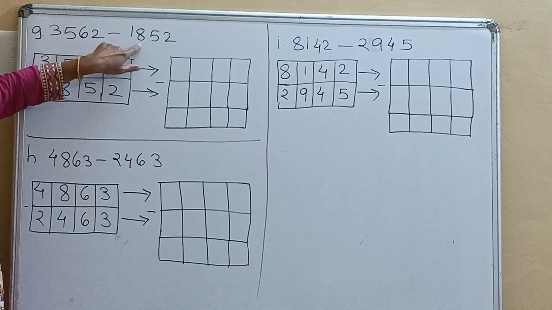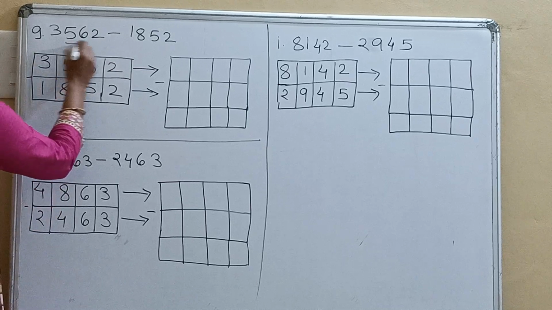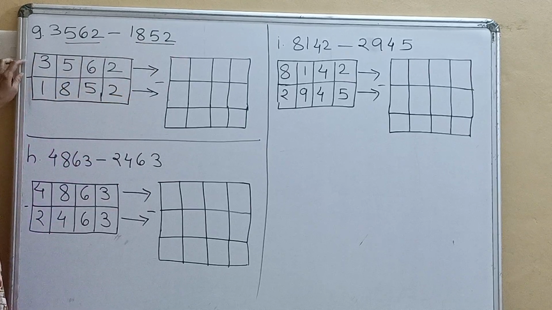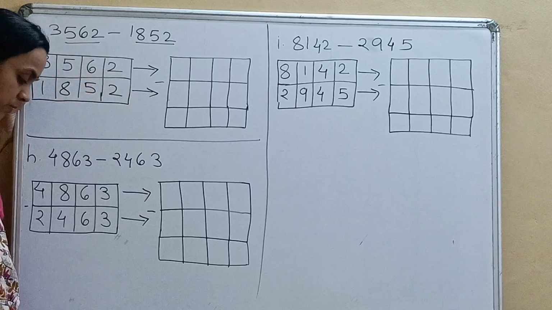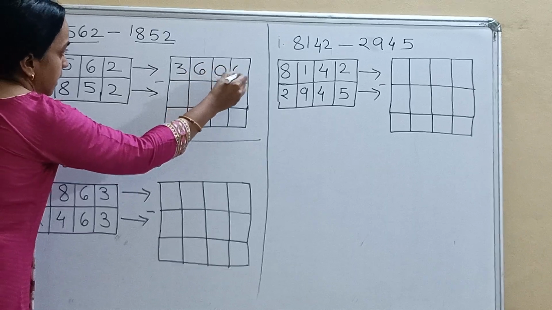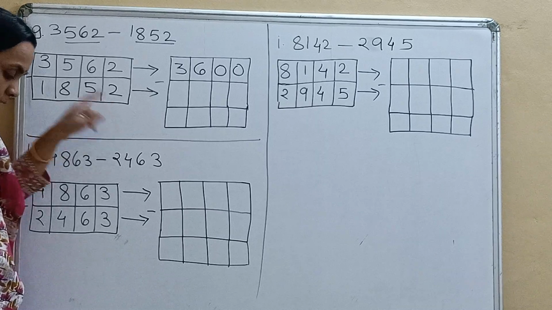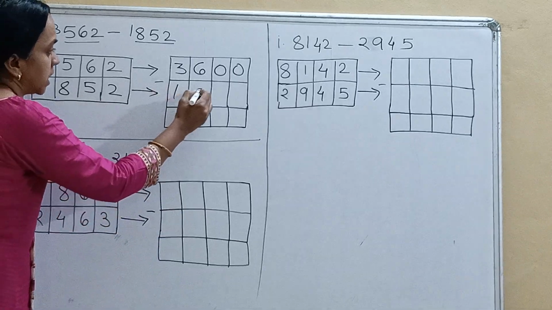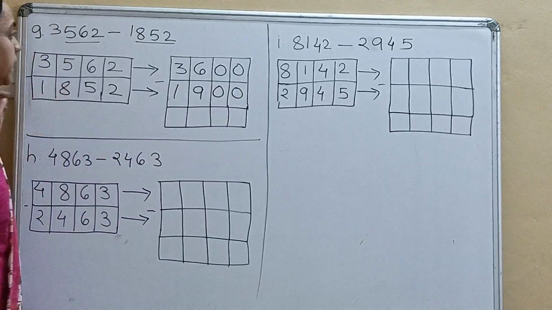3562 minus 1852. So we have to think about these 3 numbers. 3562, 562, we have to write down as 3600. And 1852, we have to write as 1900. That is closer to 900.